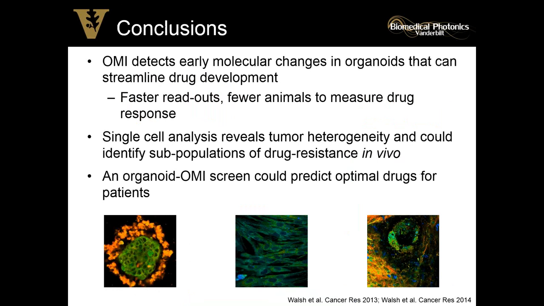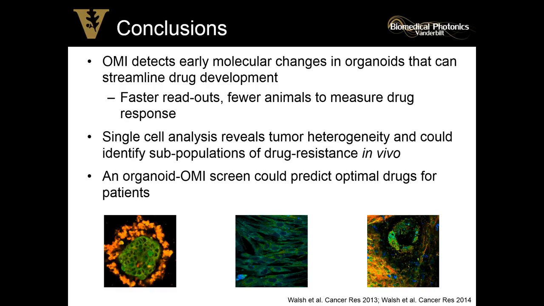The studies were published by the same author, but in 2 different years in Cancer Research. The in vivo studies were published in 2013, and all these organoid studies, including the human data, were published just a month ago. So OMI detects early molecular changes in organoids that can streamline drug development. It allows for faster readouts and fewer animals to be used to measure drug response, because these organoids require only one tumor to measure response to multiple drugs in combinations.